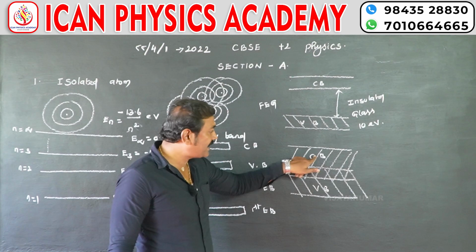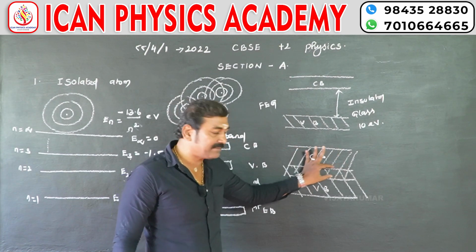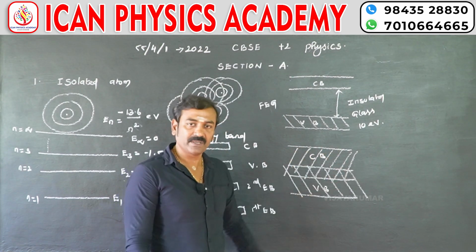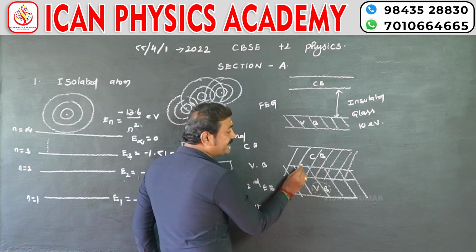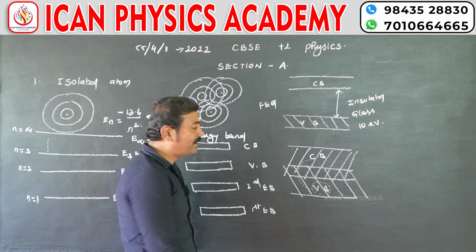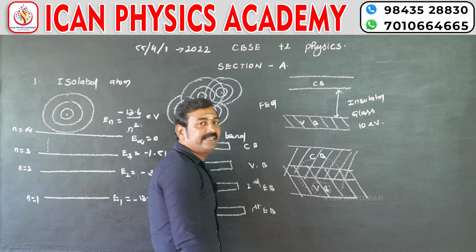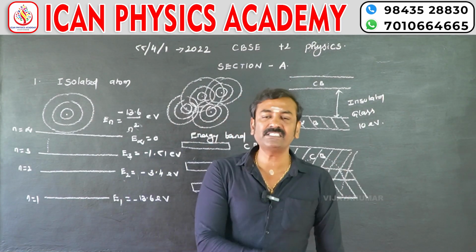Here the valence band and the conduction band are intermixed with each other, so electrons in the valence band can easily go to the conduction band, and from the conduction band they can easily come back to the valence band.